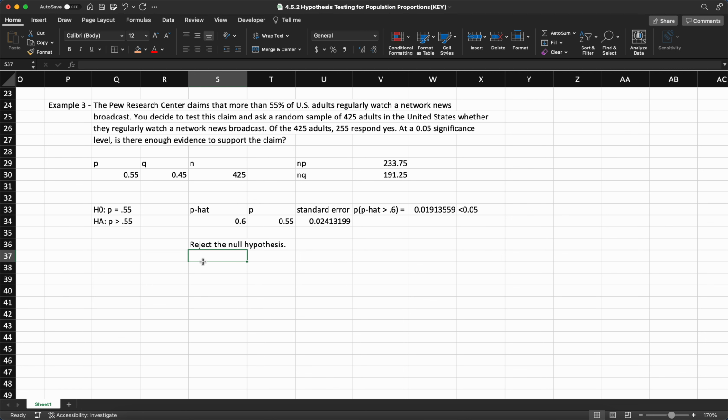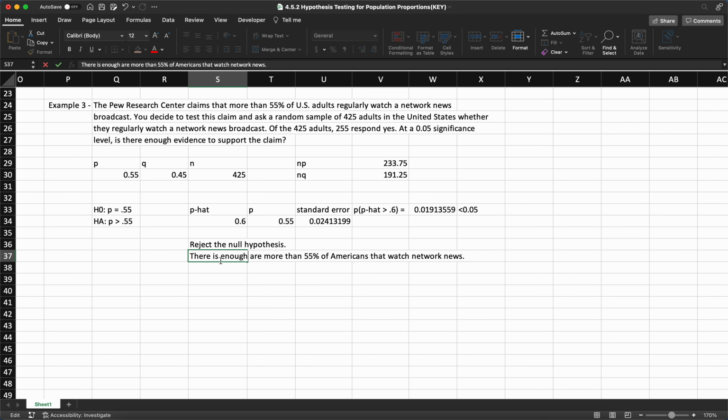What does that mean in the context of the problem? There are more than 55% of Americans that watch network news. Or we can say there's enough evidence to support this claim.